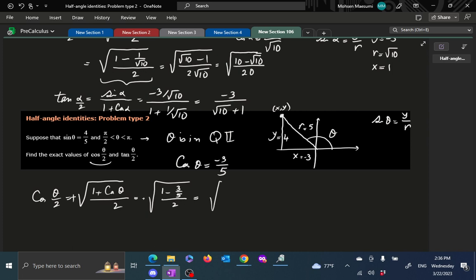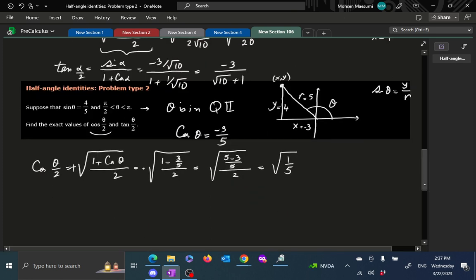We better clean this up. This becomes 2 and this is 2, they cancel each other out and we get radical 1/5. And that's good. You can write it as radical 5 over 5 if you wish.